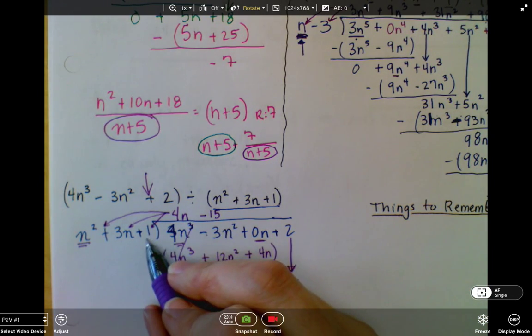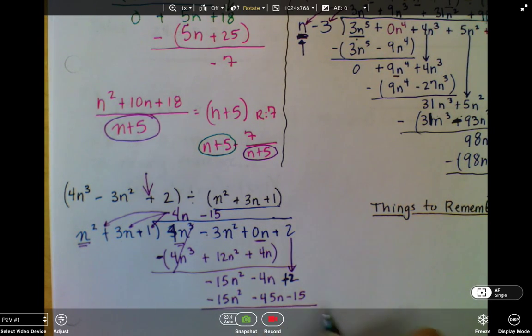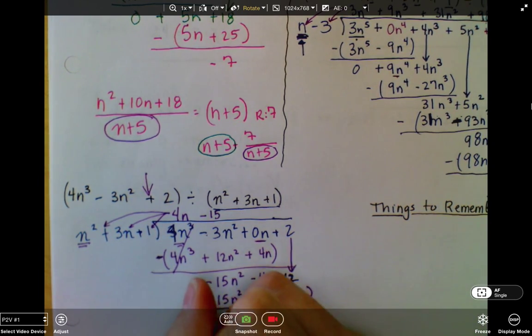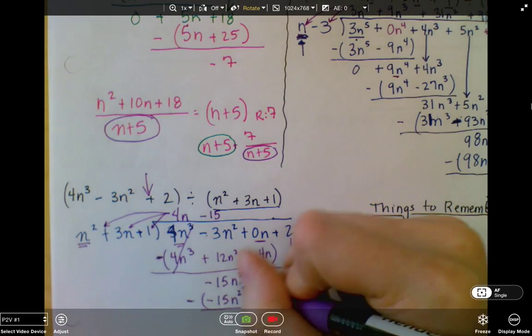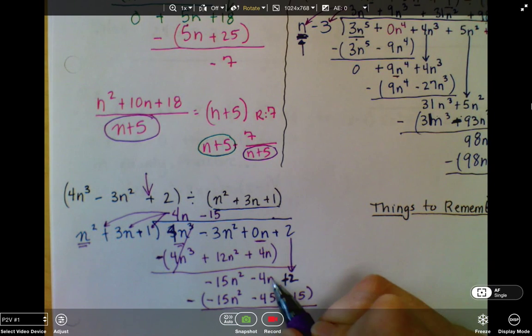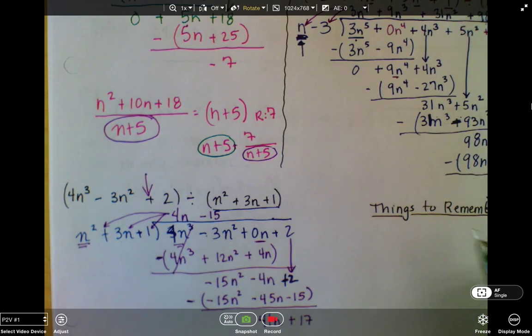And then negative 15 times 1 gives us negative 15. I'm going to subtract the 2. We subtract when we do long division. That's going to give us 0. This is going to give us positive 41n. And this is going to give us positive 17.